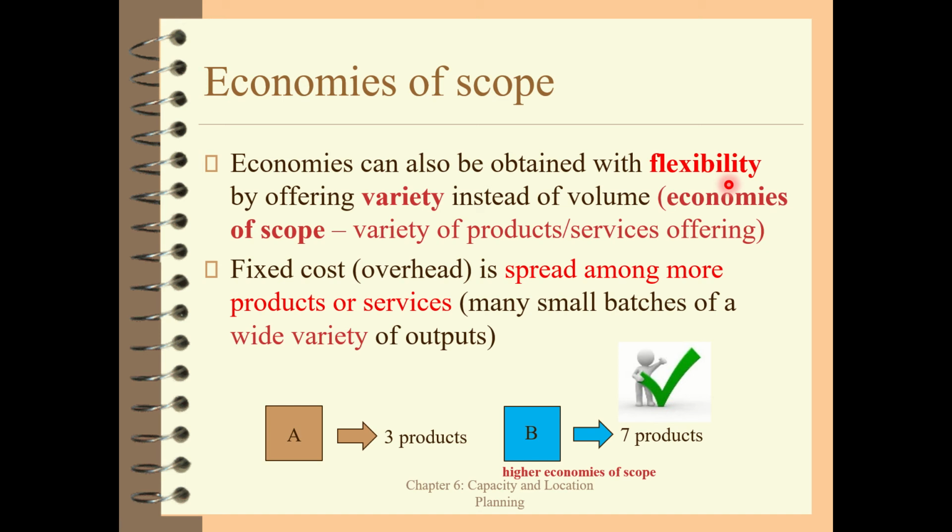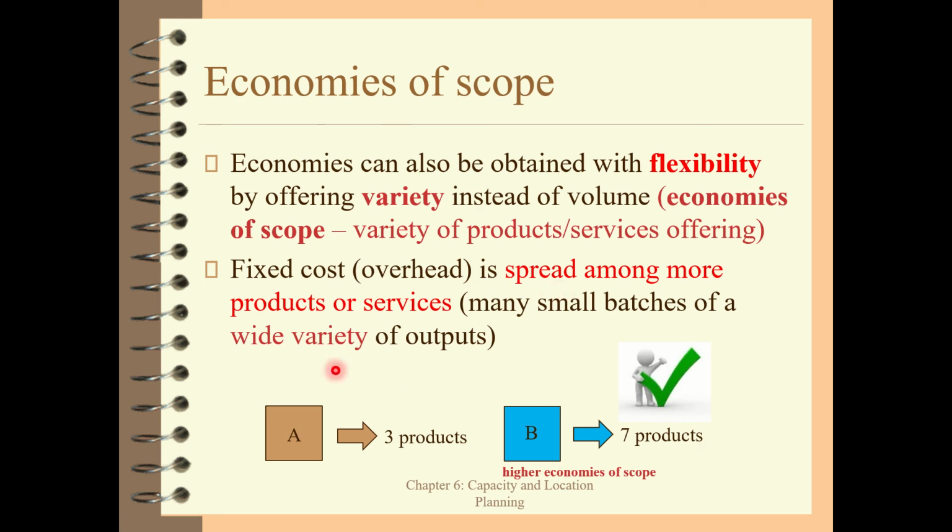The more variety that can be offered by the system, the more economy of scope, or scope of production. It is the variety of product or service offering. So the fixed cost will be spread among more products or services.